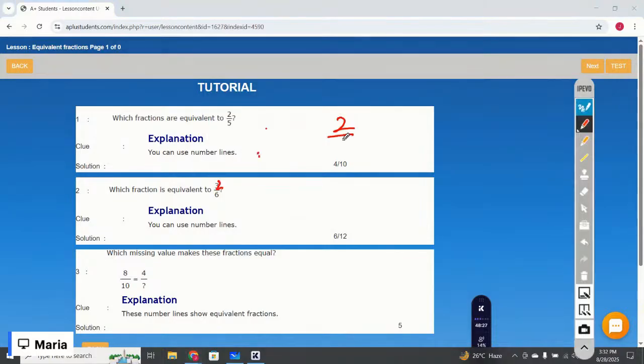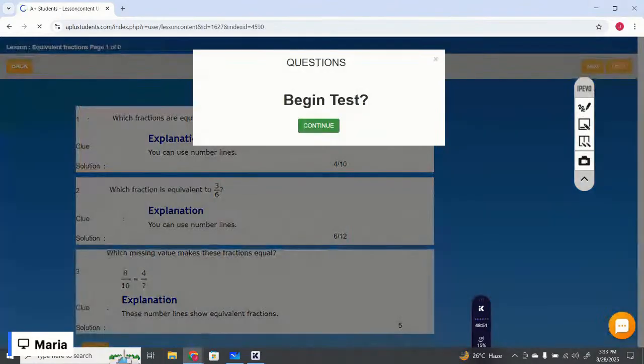Basically, we can find equivalent fractions by multiplying the given fraction by the same number, or either by dividing, right? Multiplying by the same number means you multiply the same number with the numerator and denominator. So 4 over 10 is equivalent, right? 2 by 5 and 4 by 10 are equivalent fractions.